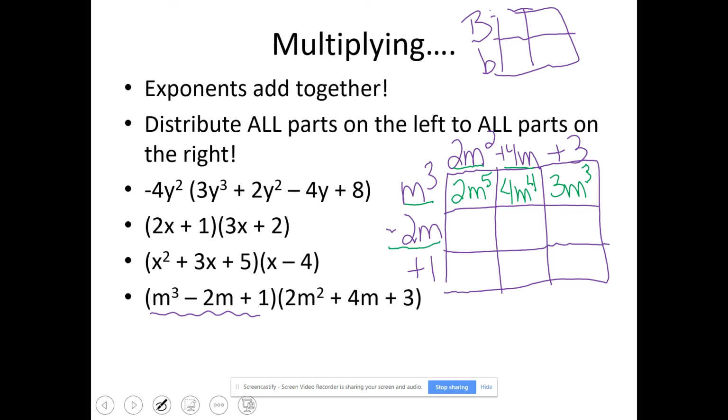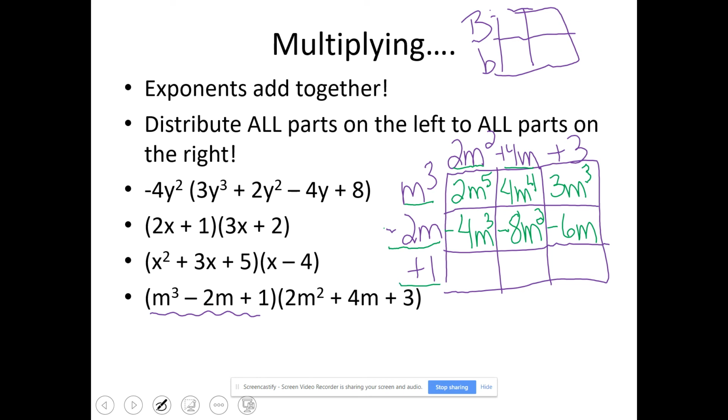Then I go to the negative 2. Negative 2m times 2m squared is negative 4m cubed. Negative 2m times 4m is negative 8m squared. Negative 2m times 3 is negative 6m.